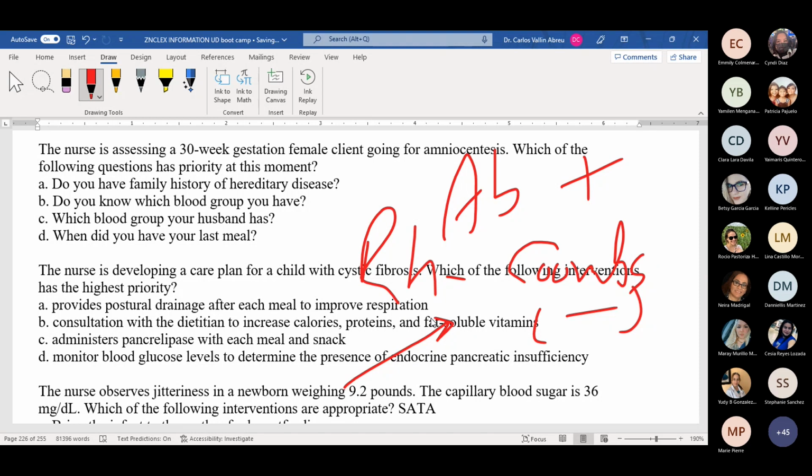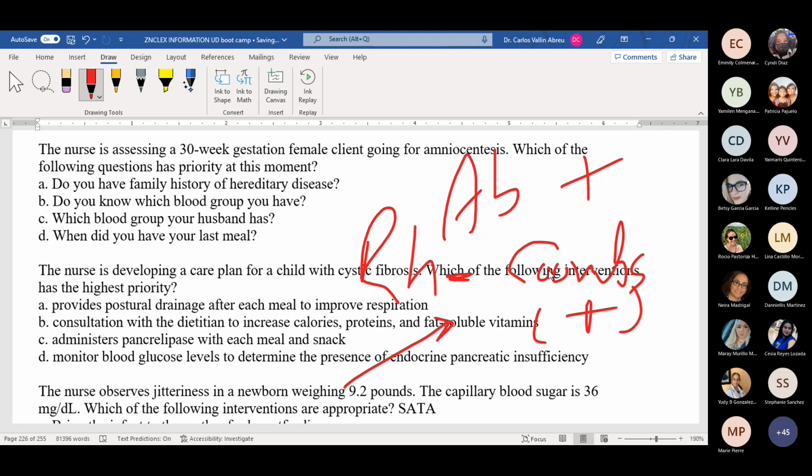You understand? What happens if the woman is Rh negative and the Coombs is positive? Sadly, in the first pregnancy, somebody forgot to give the Rogan, and she already knows. She is already producing antibodies.